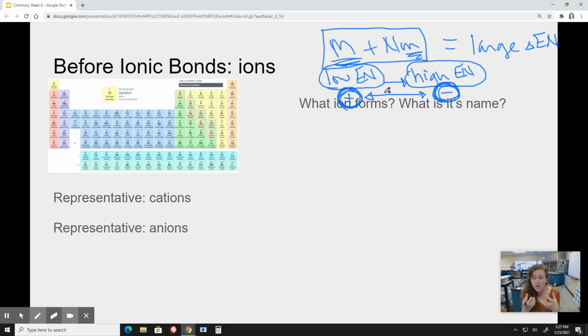So in order to understand ionic compounds, we really need to understand the ions inside of them. We need to know what their charges are so that we can figure out how many of each come together to form a stable compound. And we need to understand what the ion names are so that we can understand how to name an ionic compound.